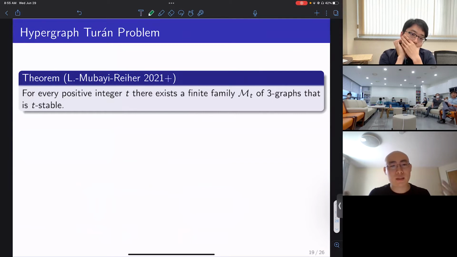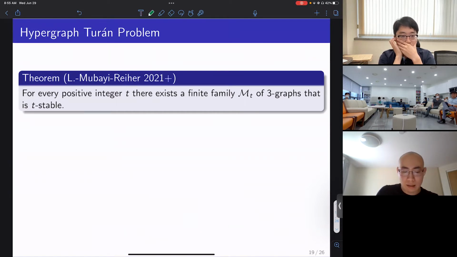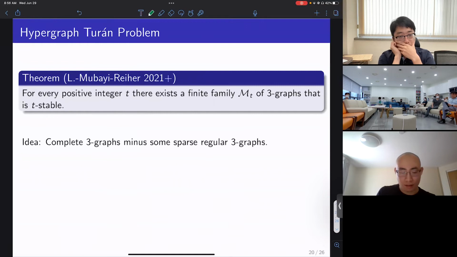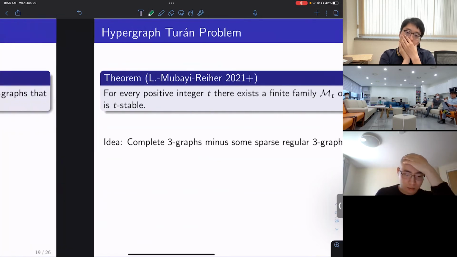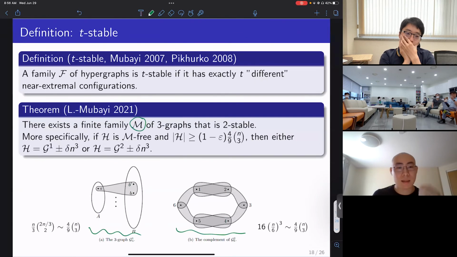So in general, you can do it for any t, not just for 2. You can create a 3-stable family, a 4-stable family, for any integer you like. But there is no picture to show the structure of this t-stable family. So the idea is how to create this t-stable family.